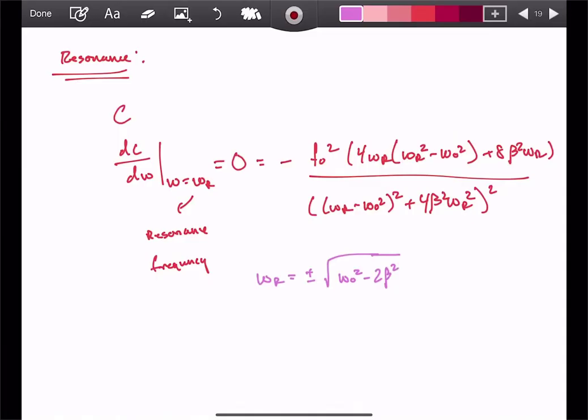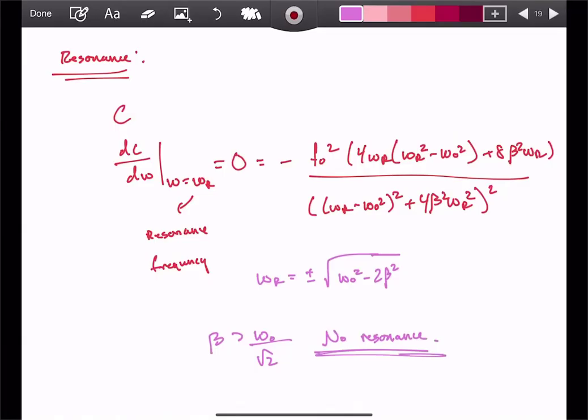So this says as beta increases, the resonance frequency is lowered and no resonance occurs when this thing would become imaginary, right? Which basically means that when beta becomes then equal to or greater than, in this case, omega 0 divided by the square root of 2, we're going to have no resonance, right? So no resonance in this case. Resonance.